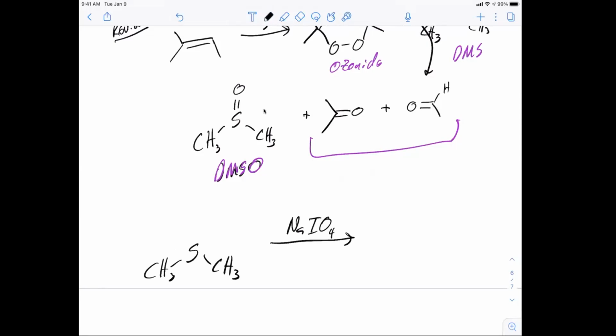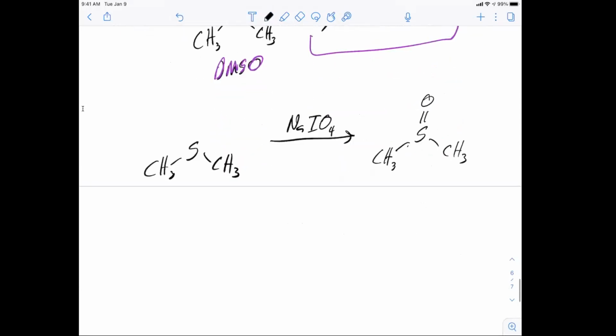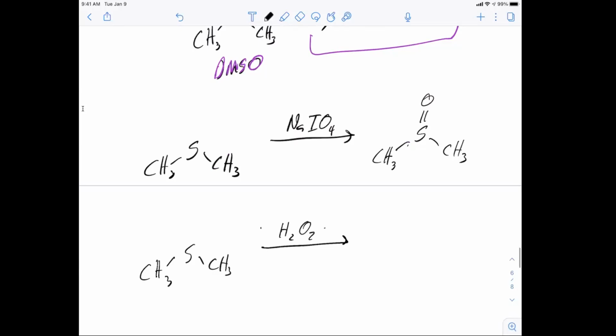This is sodium periodate. And that gets the single oxidation up to the sulfoxide. To go further, we need a stronger oxidant. It turns out that hydrogen peroxide, you need two equivalents of this, right? But you'll often see this just shown as hydrogen peroxide in excess. This will give us our sulfone.